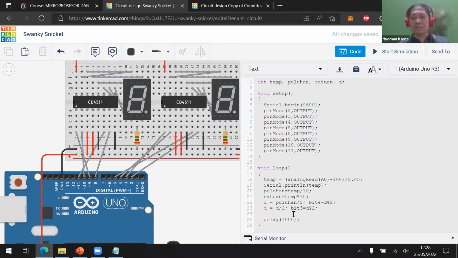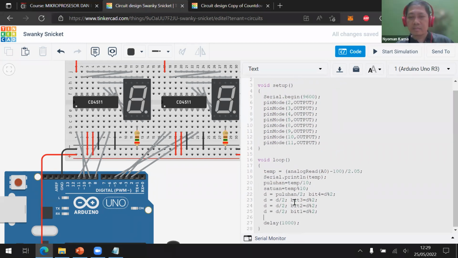D modulo 2. And then okay, let's try it out.